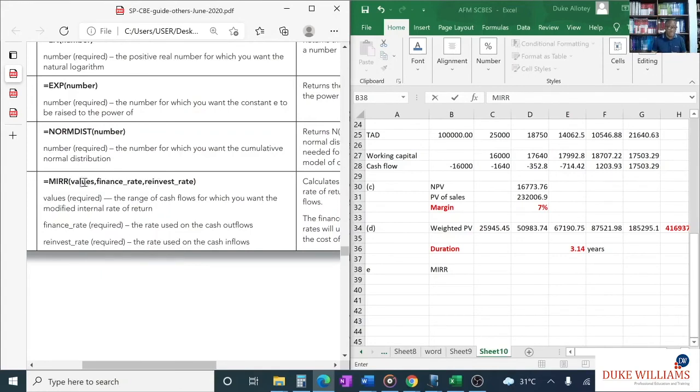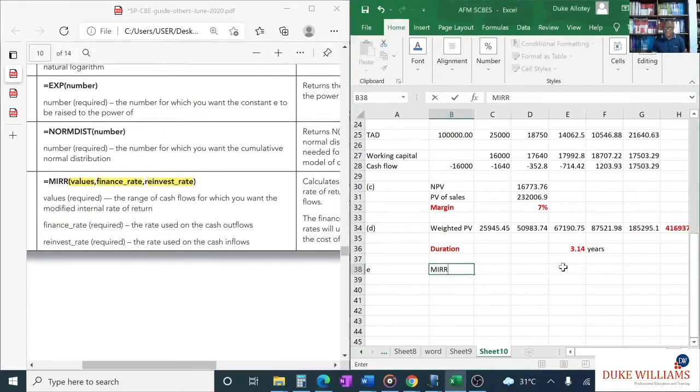So it means that we will find year 0 to 5 cash flows here. Then we use 10%, comma, another 10%, and that should simply give us that value.